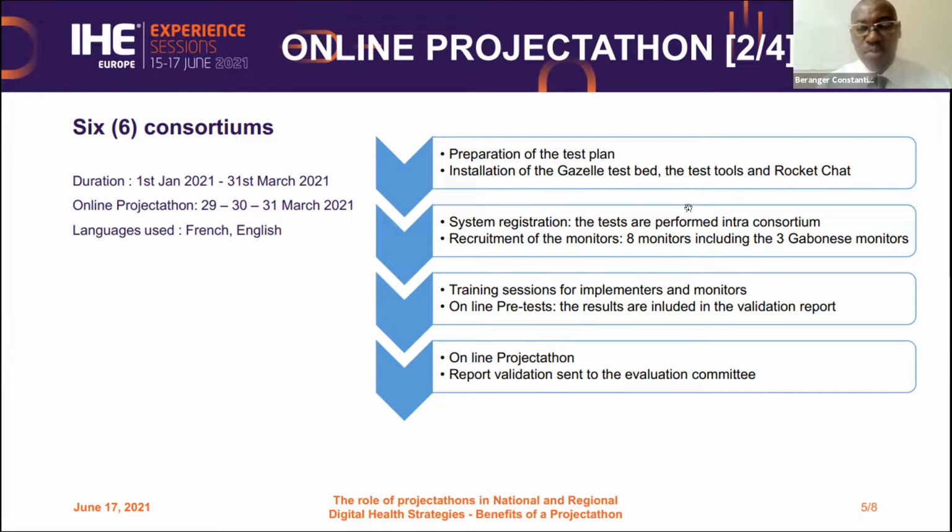Before the online Projectathon, we did an online pretest, and the results of this pretest are included in the validation reports. After that, we did the online Projectathon, and finally the validation report was sent to the evaluation committee.